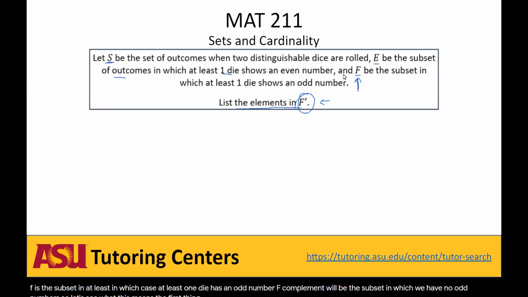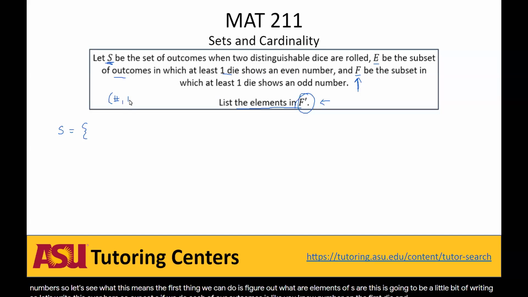The first thing we can do is figure out what our elements of S are. This is going to be a little bit of writing, so let's write this over here. So our set S, each of our outcomes is like the number on the first die and then the number on the second die. Let's start with the first die having a 1.